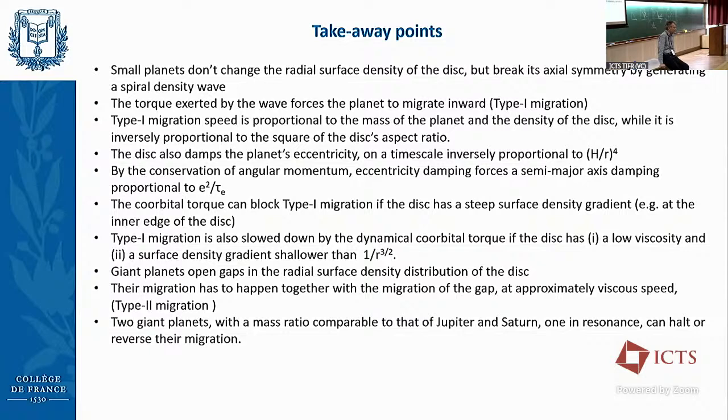Planet engulfs into the star. We don't know. It depends how the disk ends close to the star. If the disk was a continuous entity to the star, then the planet would go into the star. But close enough to the star, the disk is super hot, so it becomes ionized, and with the interaction of the magnetic field, it becomes strongly turbulent, so strongly viscous.